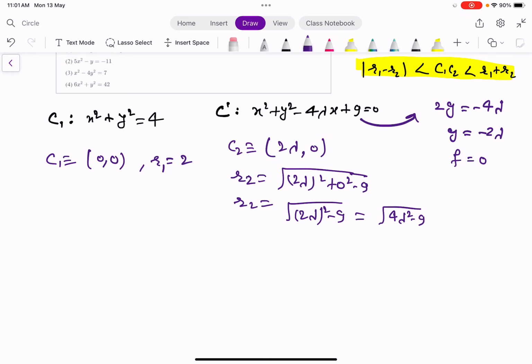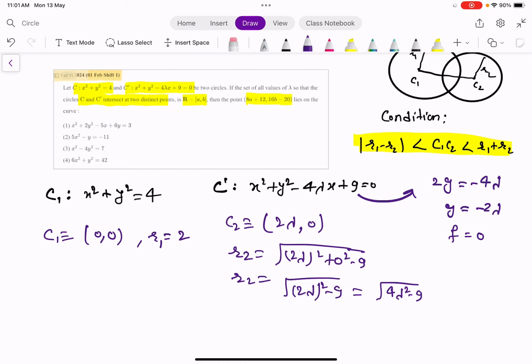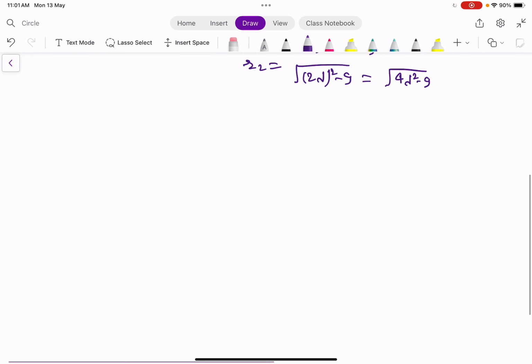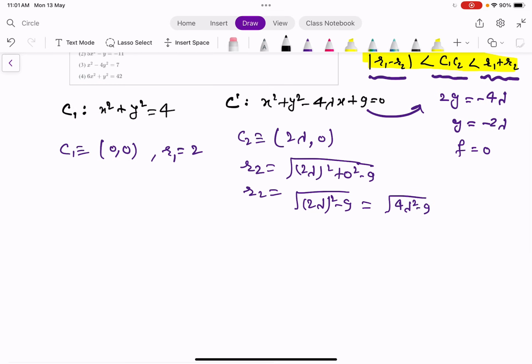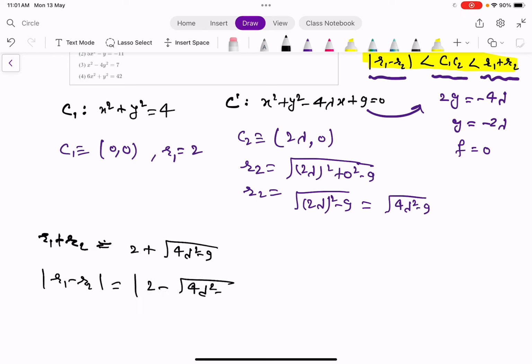First, according to the condition, we need to find r1 plus r2, the distance between c1 and c2, and mod of r1 minus r2. So r1 plus r2 is 2 plus under root of 4 lambda square minus 9, and mod of r1 minus r2 is mod of 2 minus under root of 4 lambda square minus 9.